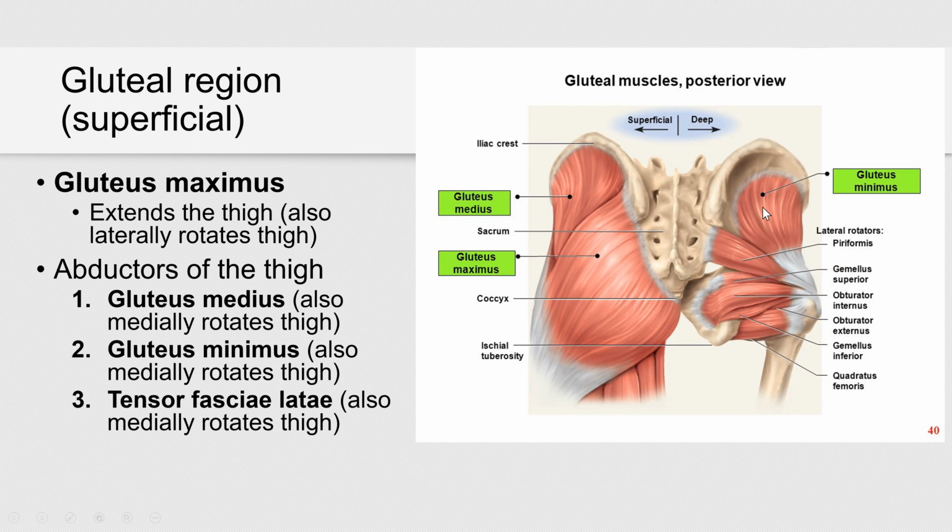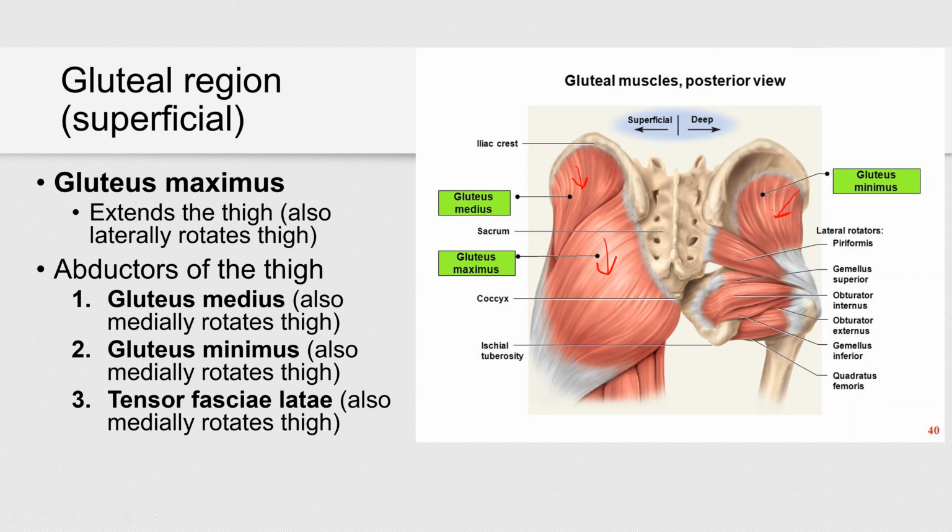Now, you need to know really just three muscles shown over here. Those muscles are gluteus maximus. Maximus means big muscle. Gluteus medius, superior to gluteus maximus, is a medium size. And deep to these two muscles, we have gluteus minimus, right?